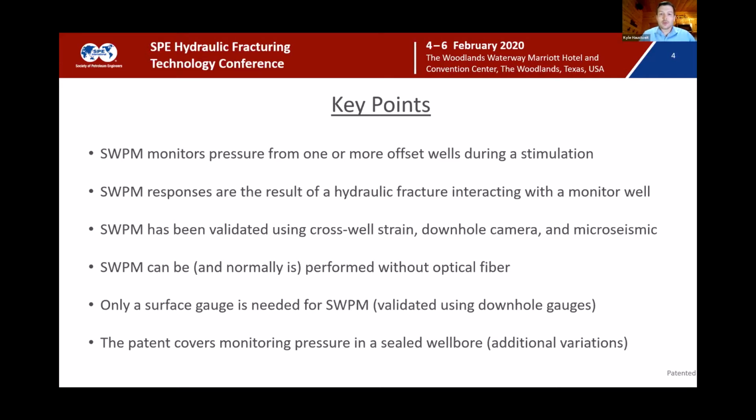The cornerstone diagnostic that we used to cross-validate was strain monitoring with permanent downhole fiber. We've also used downhole cameras and microseismic to validate. An important note is sealed wellbore is almost always used without fiber optics. That's what makes it cost-effective and scalable.